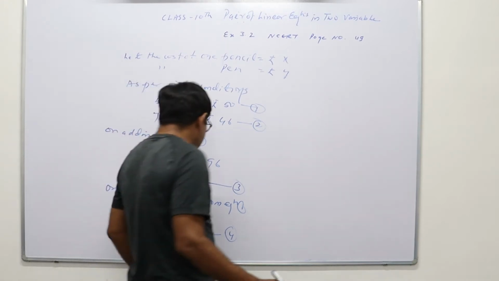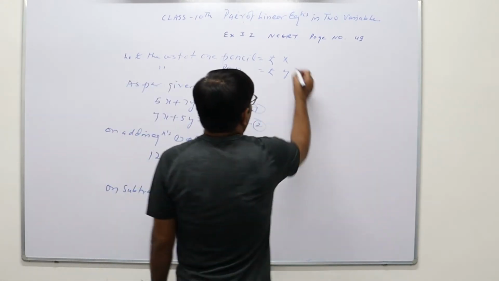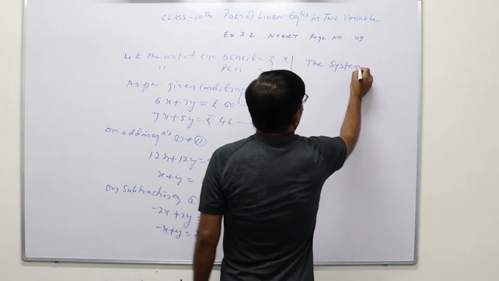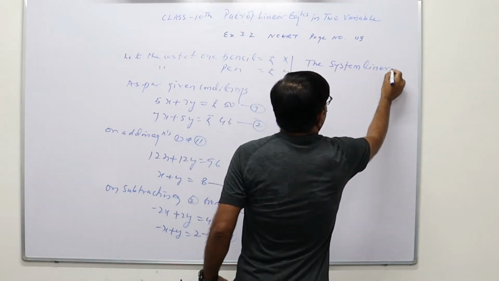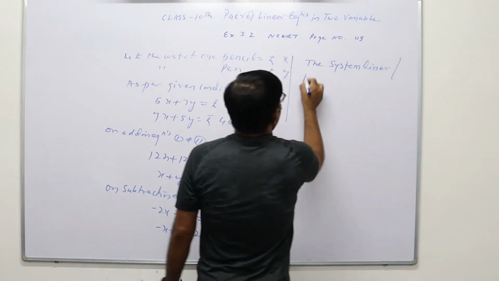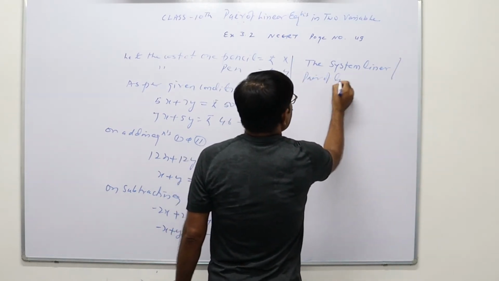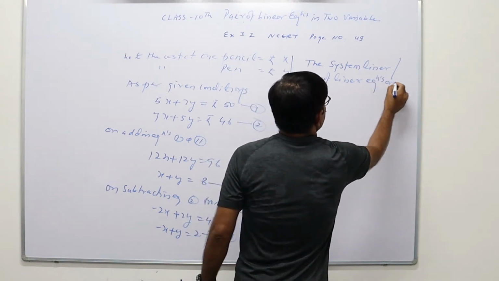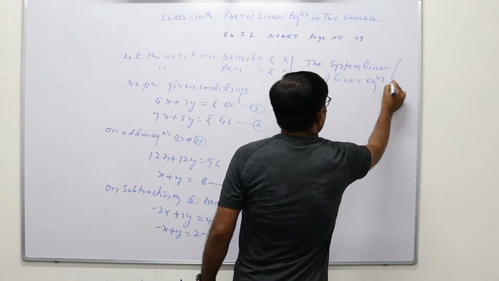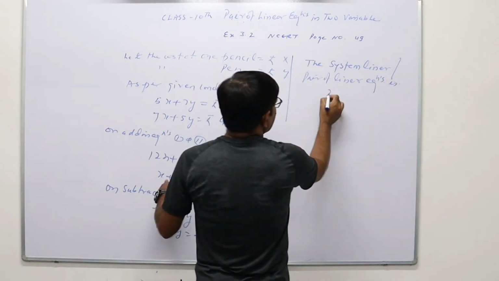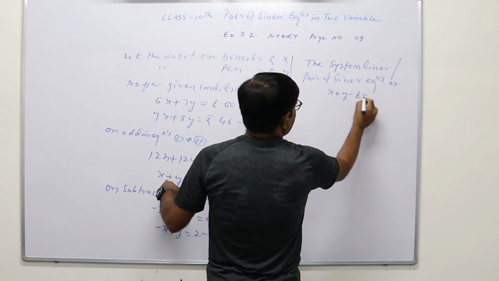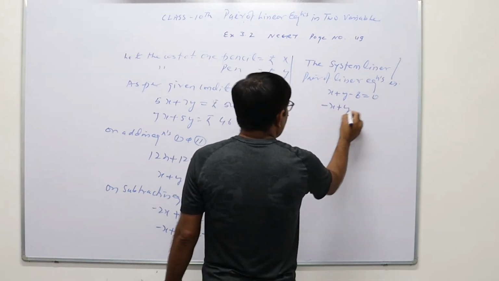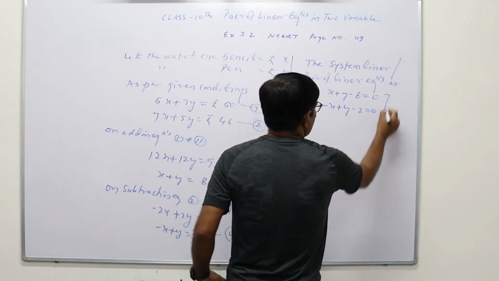So the pair of linear equations, the system of linear equations is: first x plus y minus 8 equals 0, and second minus x plus y minus 2 equals 0.